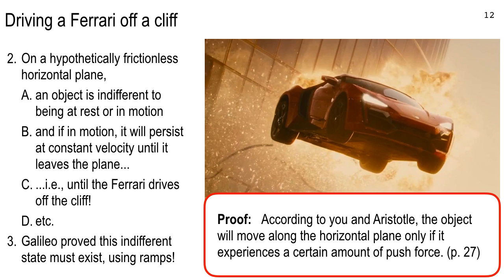According to you and Aristotle, this is from page 27 in the textbook. The object will move along the horizontal plane only if it experiences a certain amount of push force. Okay, so that's the thing that Aristotle would have said. All right, yeah, you can move along that plane, but if there's no force on it, it won't be moving. It's got to have a force, something pushing it or something pulling it.